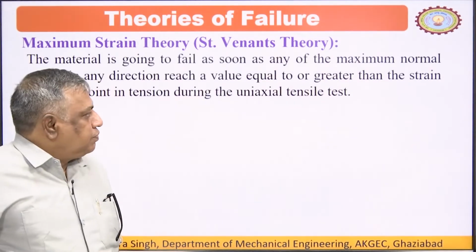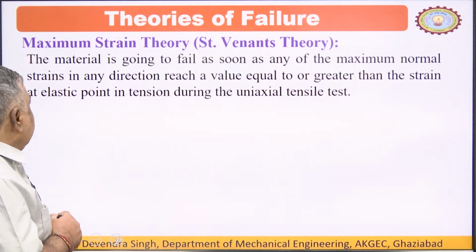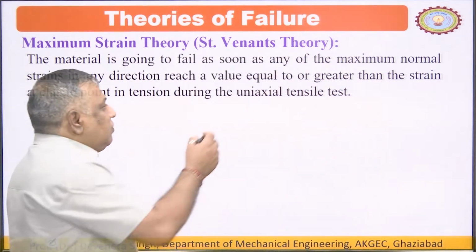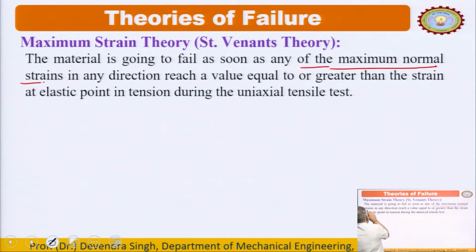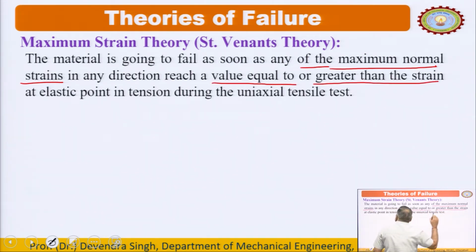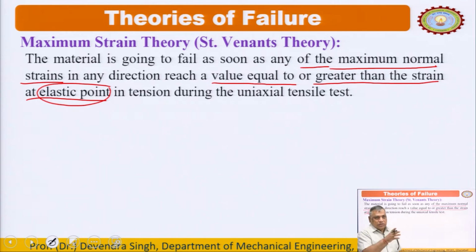So, first we see the statement: the material is going to fail as soon as any of the maximum normal strains in any direction reach a value equal to or greater than the strain at the elastic point. Here I write this elastic point y because when I convert the expression for strain in terms of stress, then I will use Hooke's law and the tension during the uniaxial tensile test.